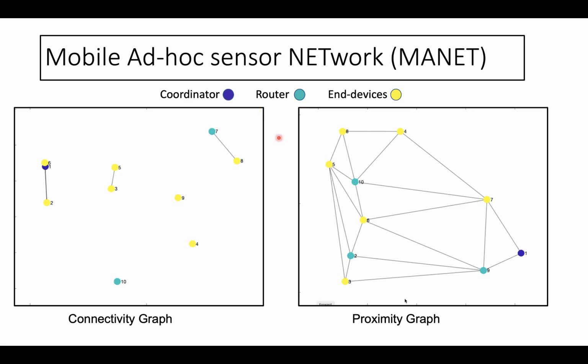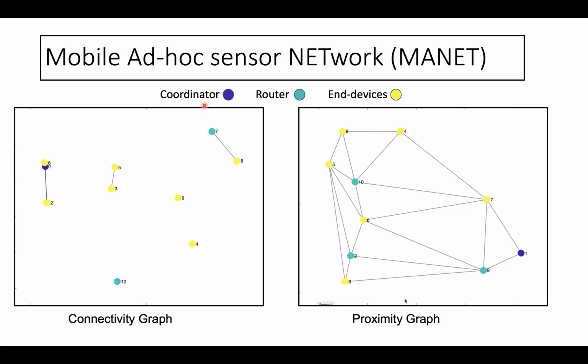Then there are the routers, this one, and they are the intermediate between the coordinator and the end devices, and they pass the data between all the devices.